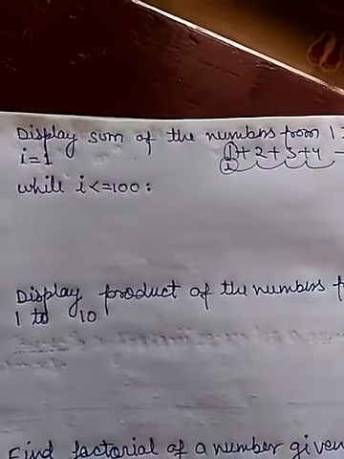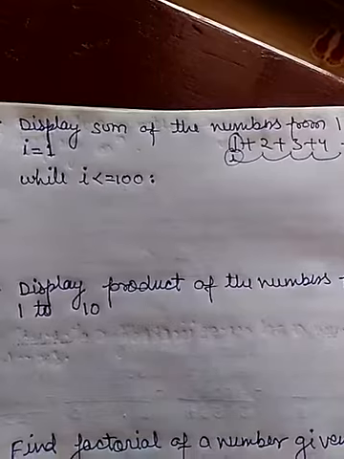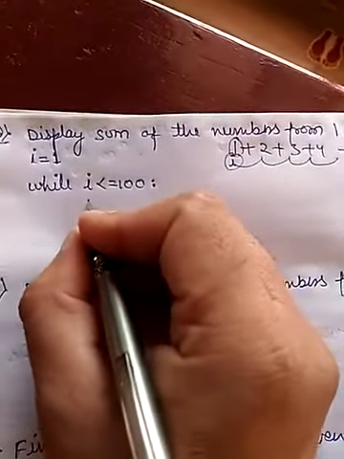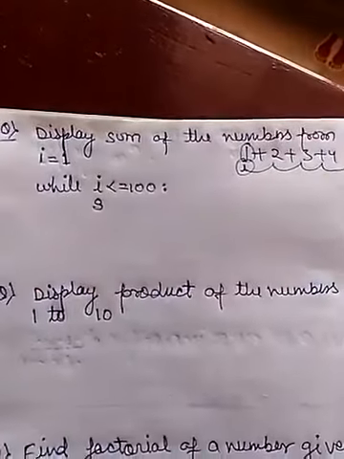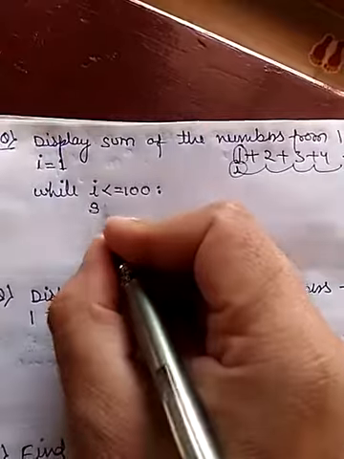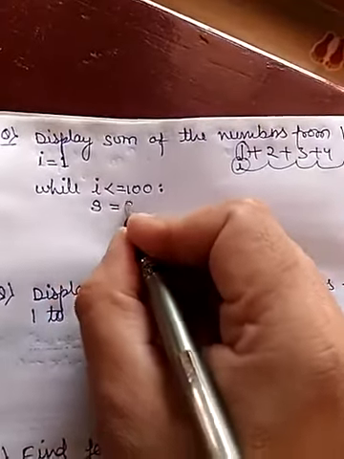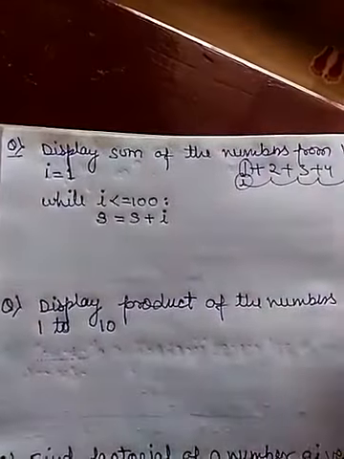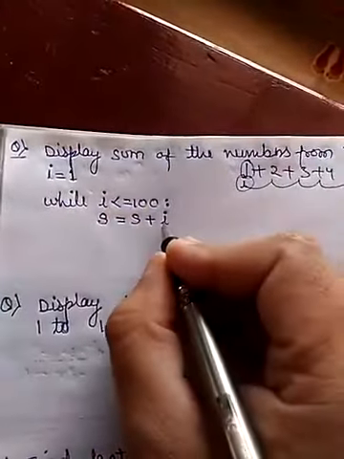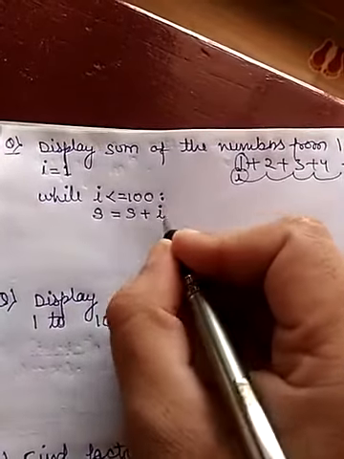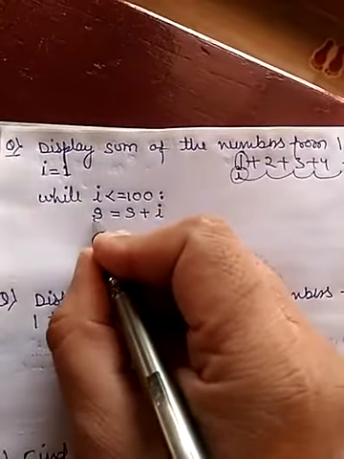Sum should be a variable where the value of the addition should be kept. So we are taking a variable, let us say S. It could be anything. I have used just S for symbolizing the sum. So sum equal to sum plus I, means the value of I is 1, so 1 is added, the value of I is 2, and 2 will be added, 3 will be added, 4 will be added in the sum only.